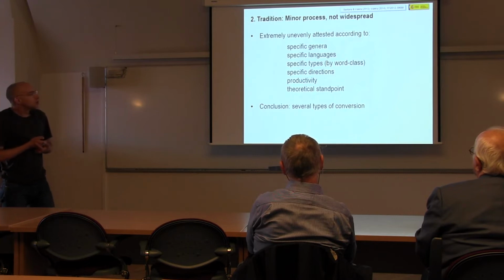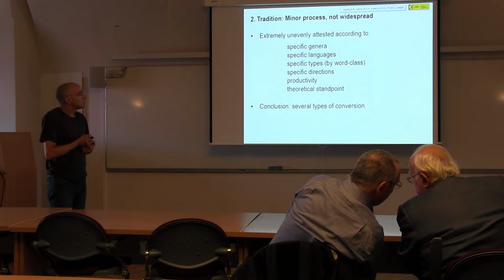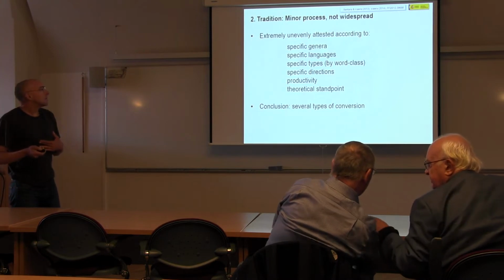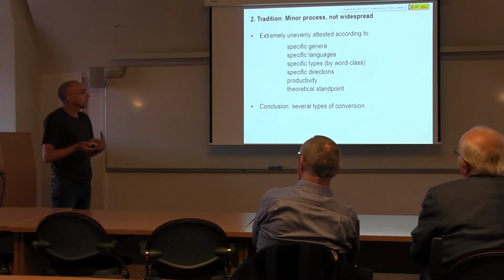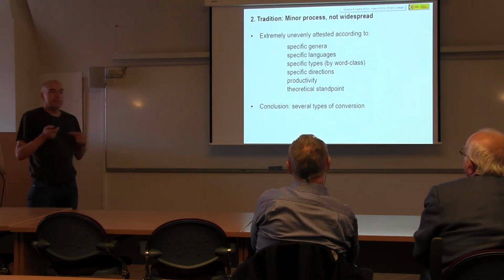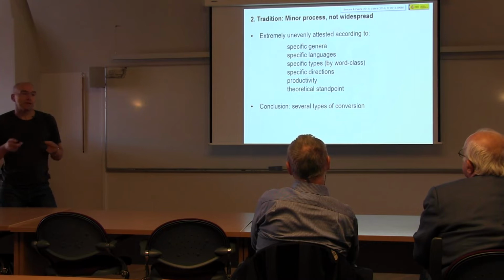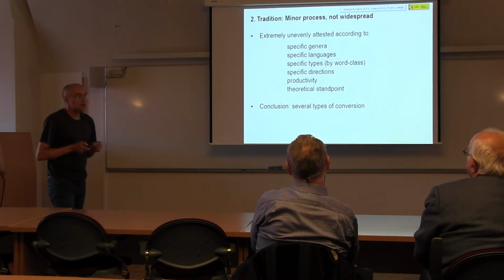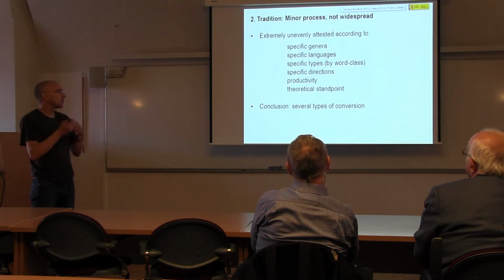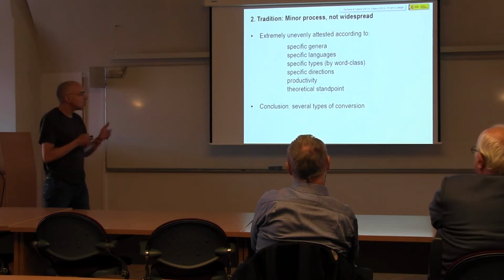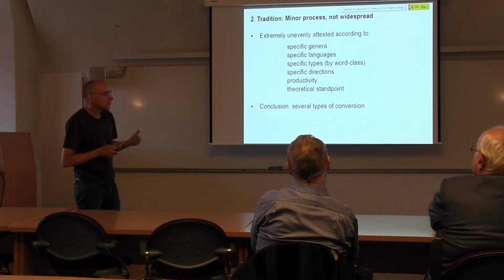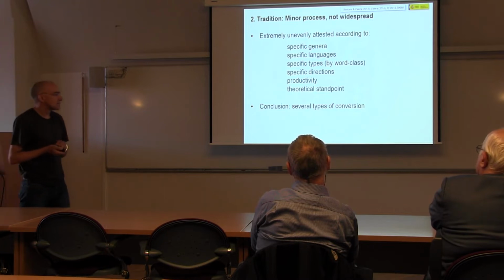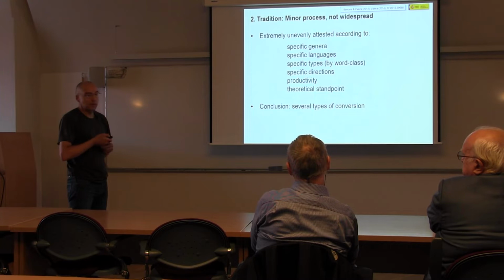And the conclusion that we drew from these two papers was that conversion is very unevenly attested because it may vary a lot, from one language to another, from different genera, from specific types, that is, according to which word classes are involved in the process, according to specific directions too within these word classes, whether it is noun to verb, or verb to noun, adjective to noun, noun to adjective, according to the productivity that the process or the evidence signals, according to the theoretical standpoint, that is, whether this is interpreted as the existence of a zero affix, or this is just not a word formation process at all.